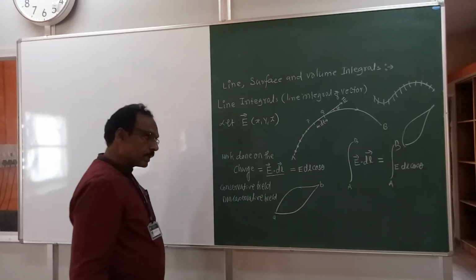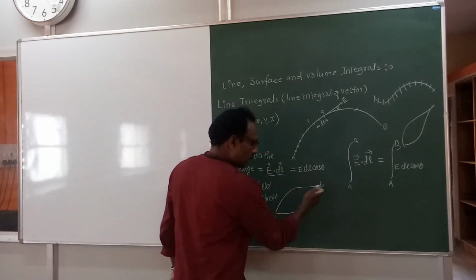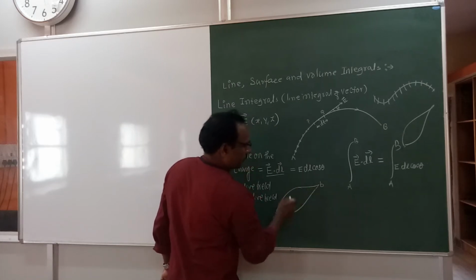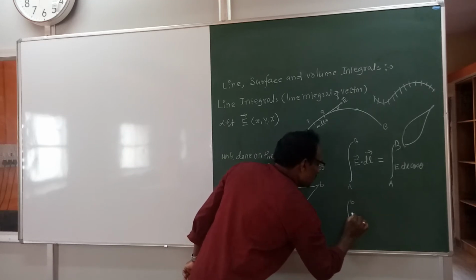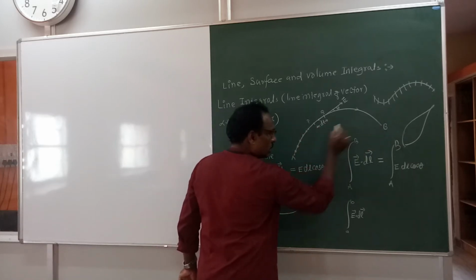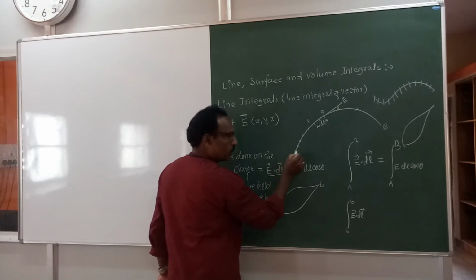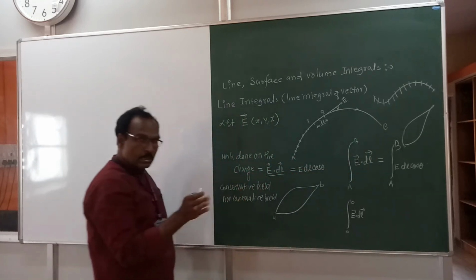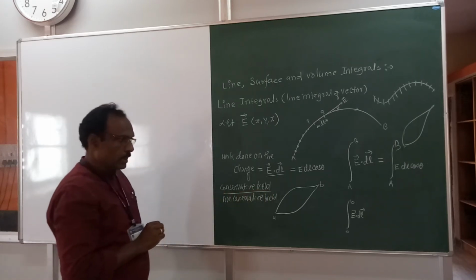In this case it is not dependent on the path but only on the beginning and the end. If I write the integral from A to B of E dl cos theta, it is not for all the points as defined here, but only from the beginning point A to the end point. It doesn't depend upon the path, and that gives us a conservative field.